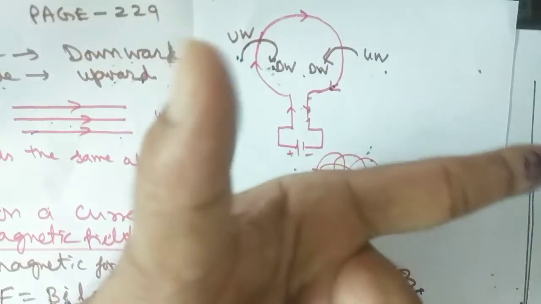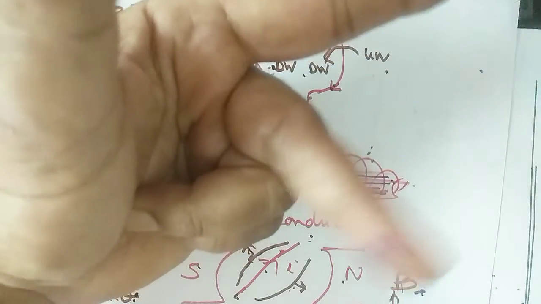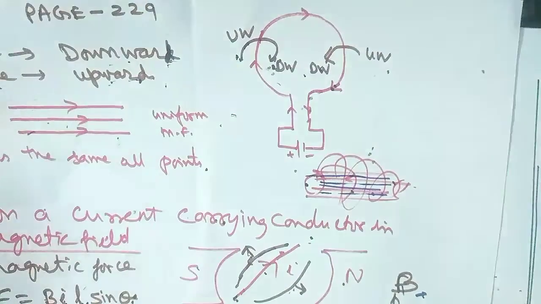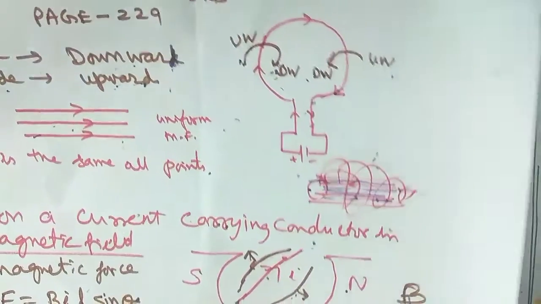I am writing F for the thumb, B for the first finger, and I for the middle finger. So this is known as Fleming's left hand rule.